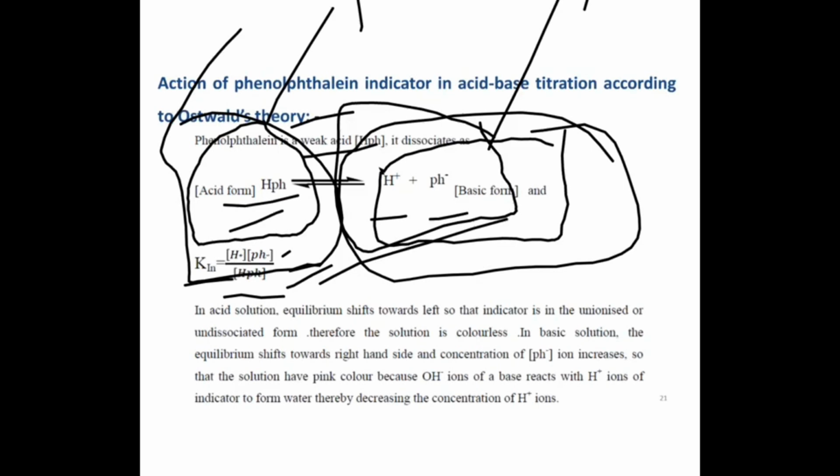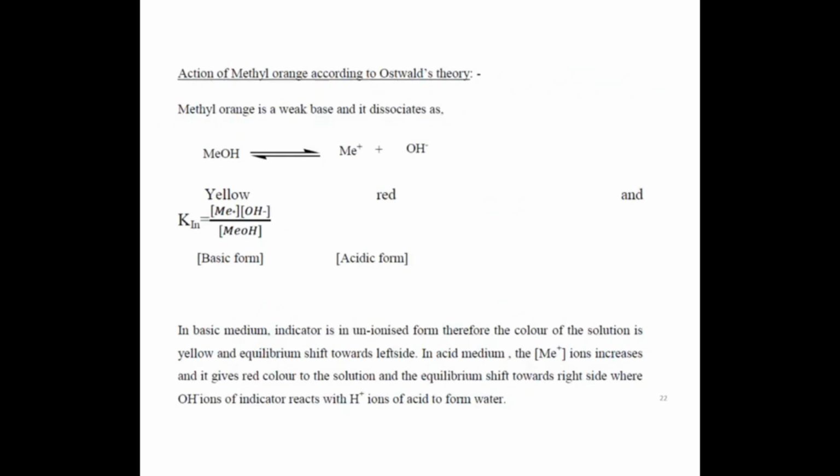Next is methyl orange. Methyl orange is a weak base and it dissociates to give Me plus and OH minus.